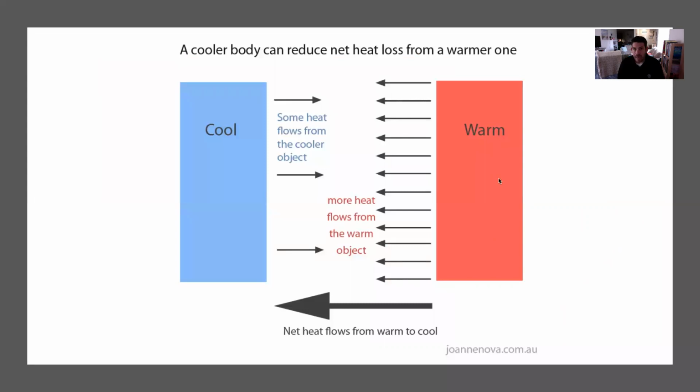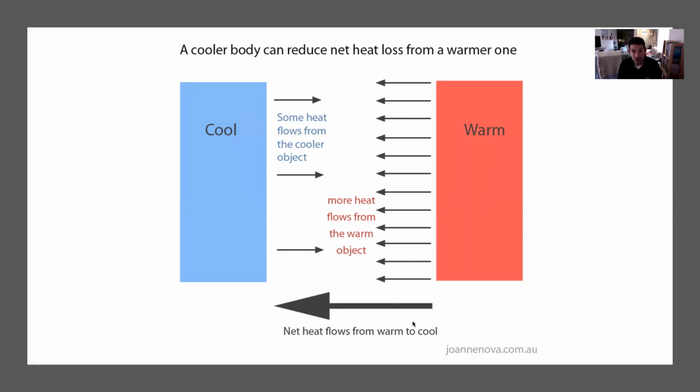So heat, the general rule for heat is we say heat rolls downhill, right? What that means is heat always flows from a hotter source to a cold source. So more heat flows from the warm object to the cool object than from the cool to the warm. So the net is that the heat flows from warm to cool.